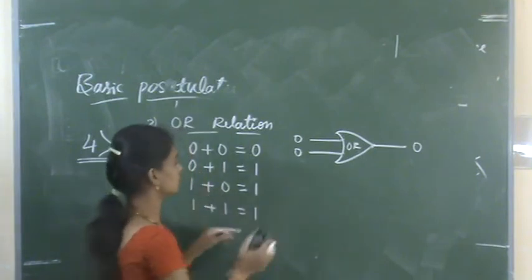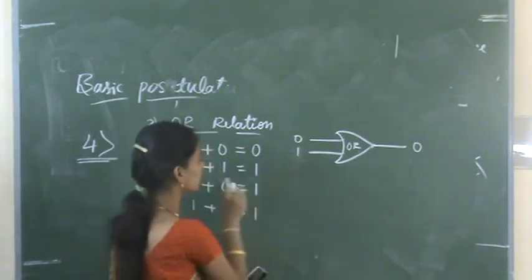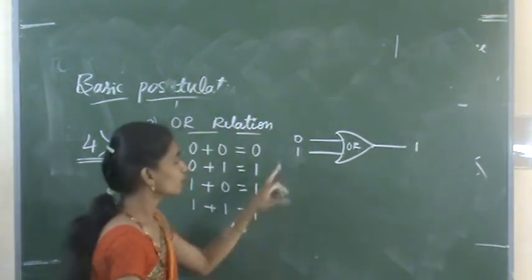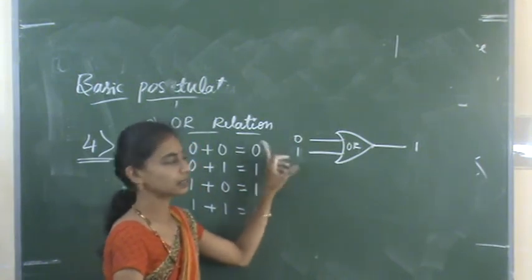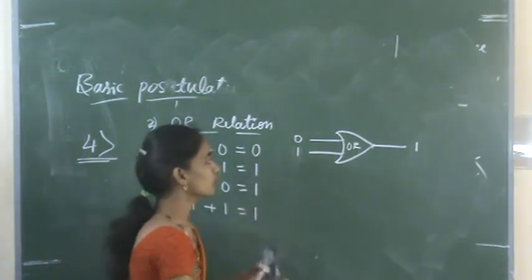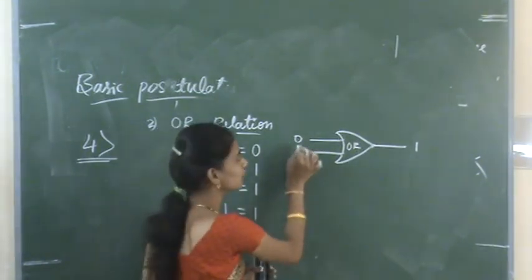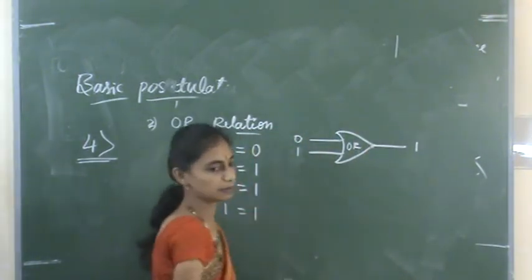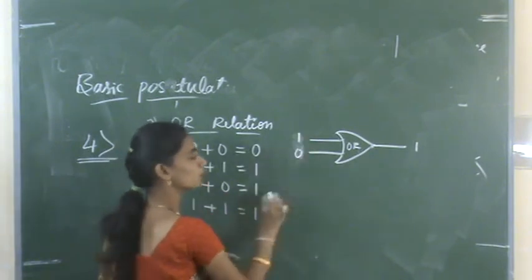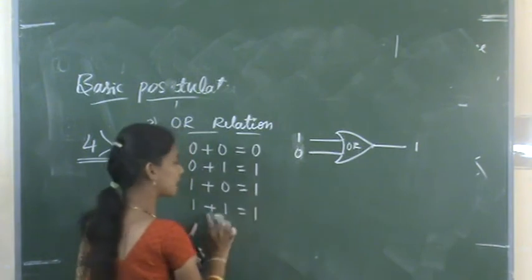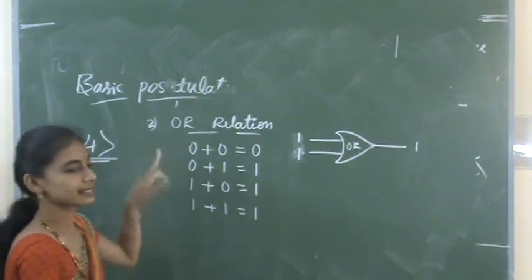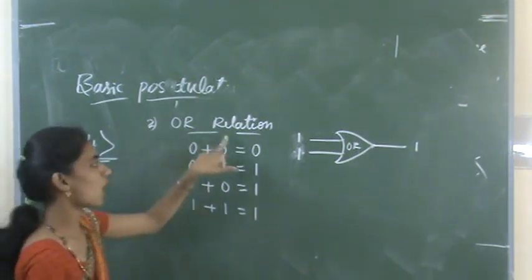If I take 0 plus 1, the output is 1. So the output will be any one of the inputs. If you provide 1 0, the output will be 1, and for 1 1 the output will be 1. So this is how the second postulate works. That is the OR relation.